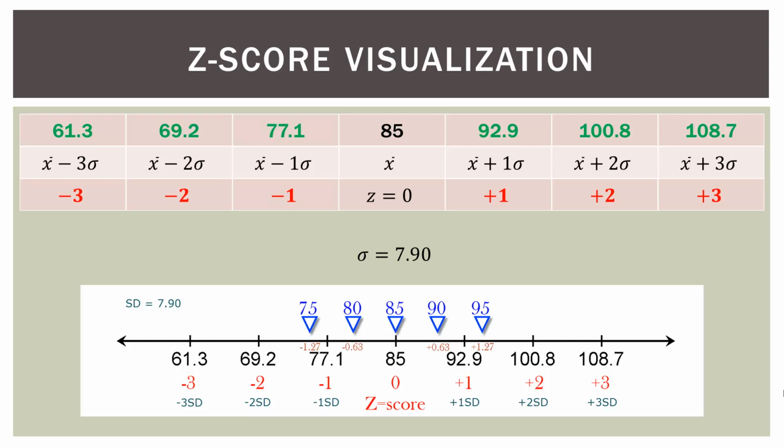And that should make sense. If our standard deviation is 7.9, then a score that's 5 away from the mean is going to be a little bit over halfway to the next standard deviation, because 5 is about 63% of the distance to 7.9. So same thing as above. I just went ahead and actually put our data points on there so you can see it visually.